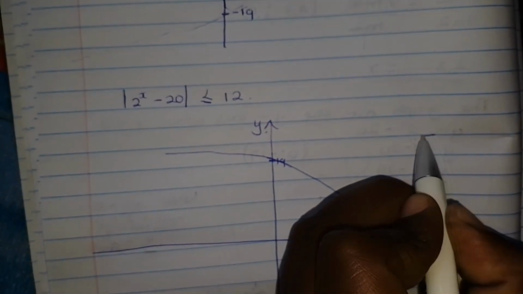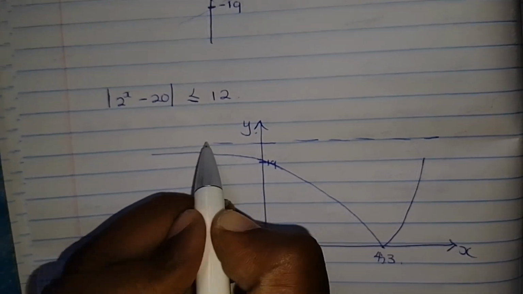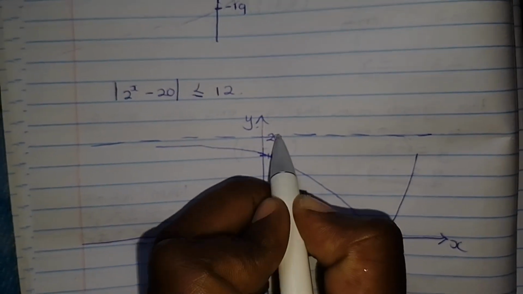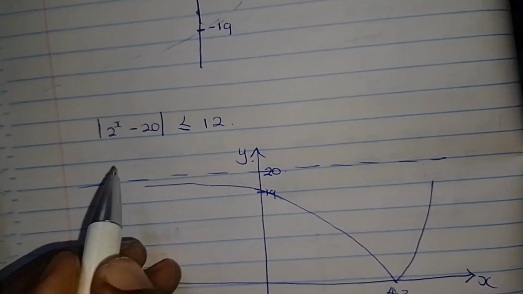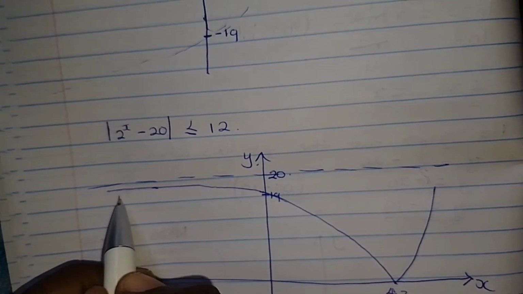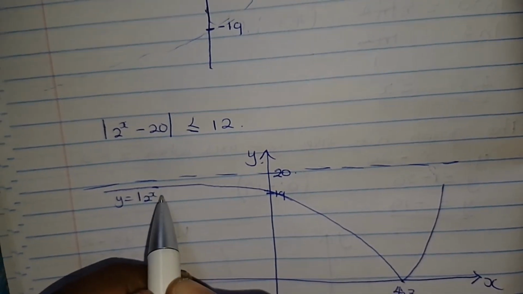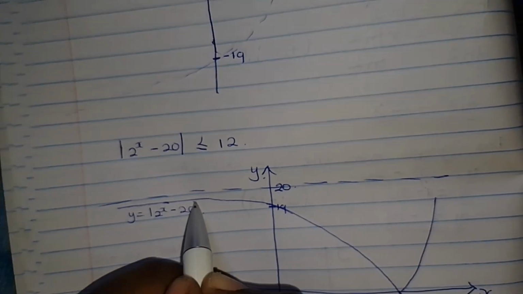Let's say this is our 20, this is our asymptote. Set y is equal to 20 there. So that's our graph, y is equal to modulus of 2 to the power x minus 20.